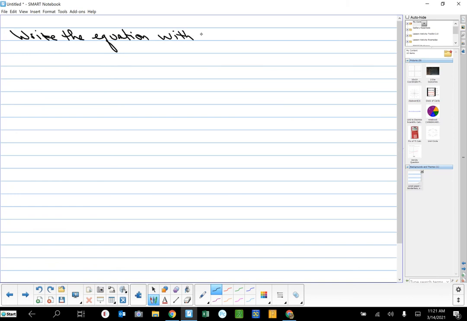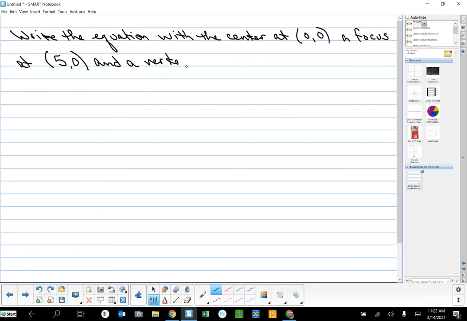With the center at 0, 0, a focus at 5, 0, and a vertex at 2, 0. Okay, so the best thing that you could do, hint, sketch.